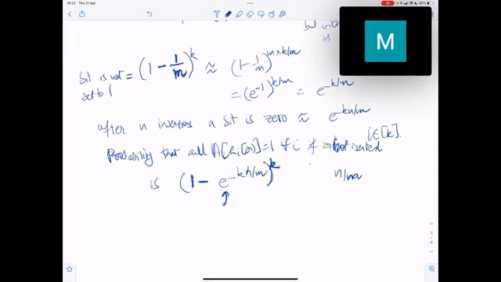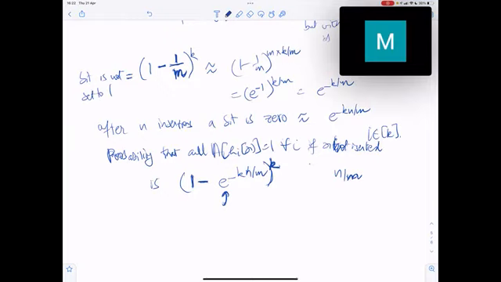Yes, sir. So if n by m is not large, it's very small. So you are not inserting many more elements than there are slots in this thing.